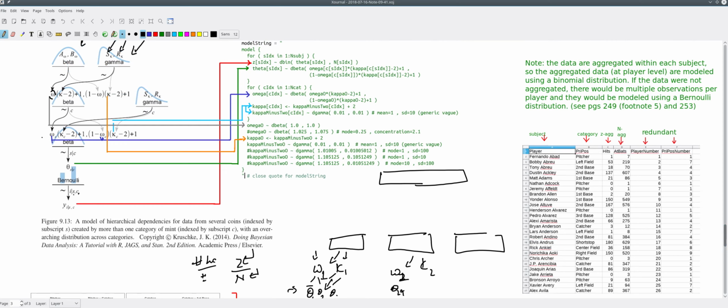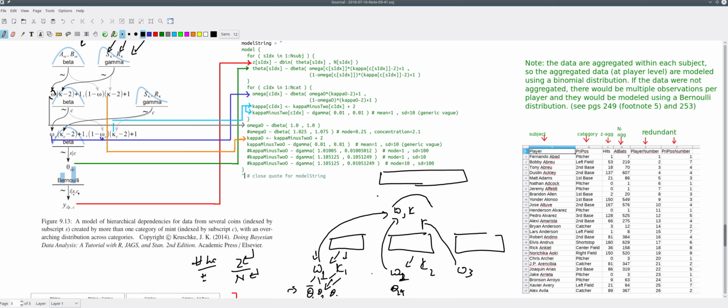So this omega c is distributed by an overarching beta distribution, and that is defined by an overarching omega and kappa, this particular thing. Similarly, this is also governed by the same thing. We are looking just at the omegas, by the way. Over here we have omega 3, and this is also governed by that.